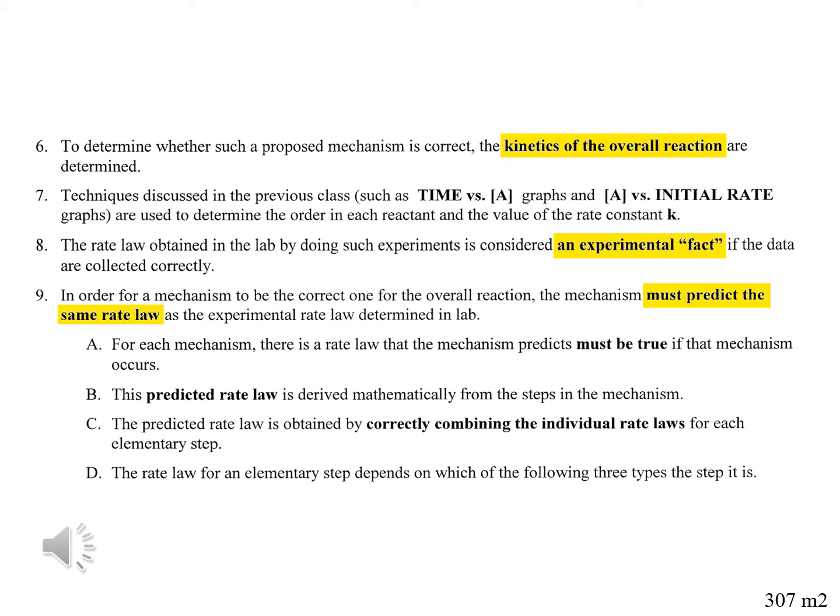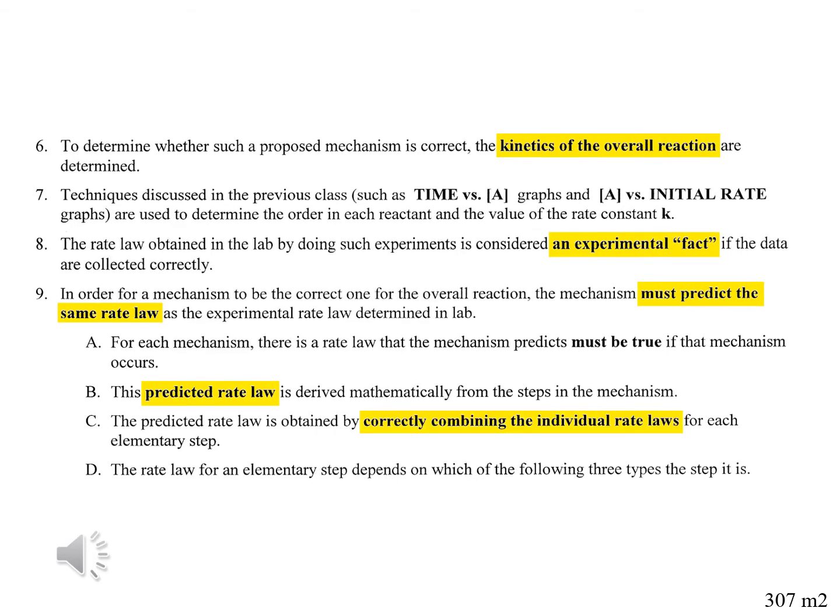In other words, if this mechanism is correct, it has to give a rate law that you can figure out mathematically. You get the predicted rate law by combining the steps in the mechanism, the rate law for each one, mathematically. I'm going to show that you can write the rate law for each step, and then you go through a mathematical process to get the predicted rate law.